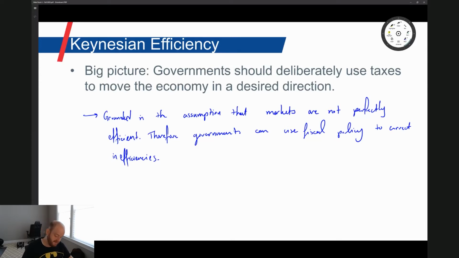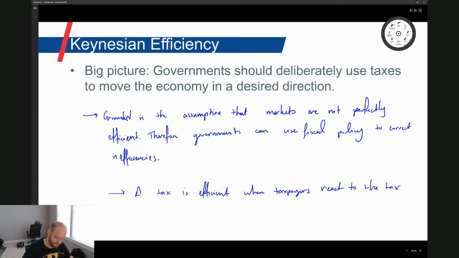So in this case, a tax is efficient when taxpayers react to the tax by changing economic behavior.